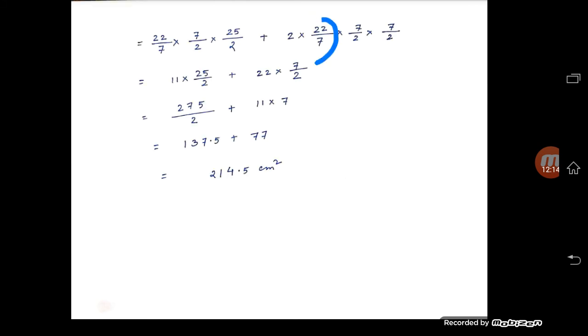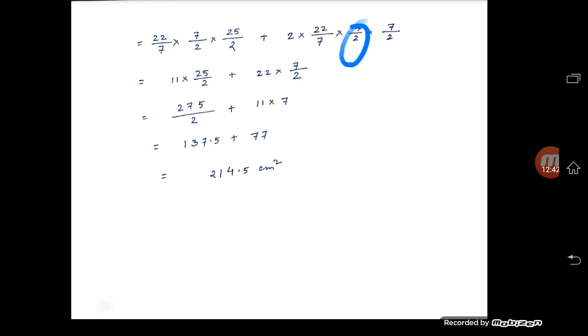2 into pi is 22 by 7. r square is 7 by 2 square, which is 7 by 2 into 7 by 2. Now 22 will be cut by 2, it will be 11. 7 and 7 will get cancelled out. We'll be left with 25 by 2 into 11 for this part. Here 7 and 7 will get cancelled out. We'll be left with 22 into 7 by 2.